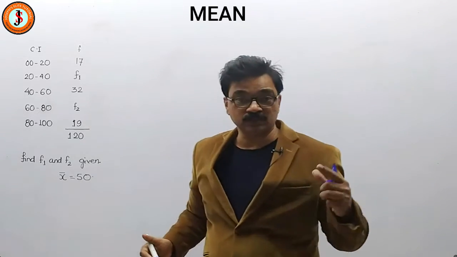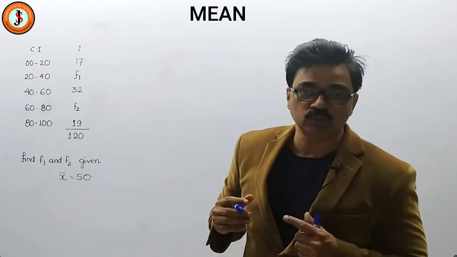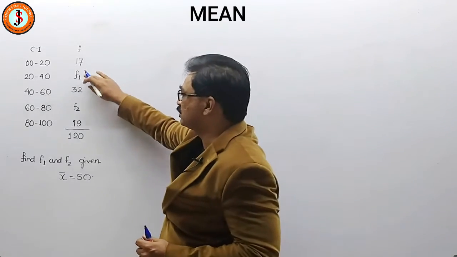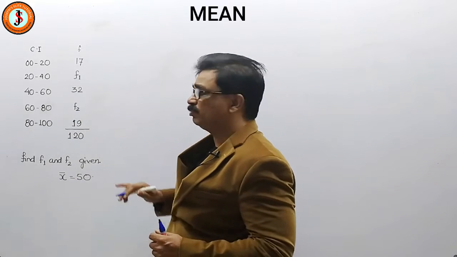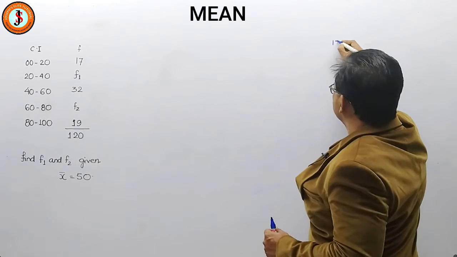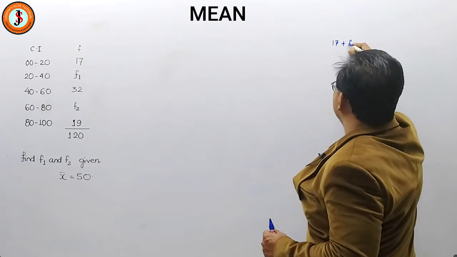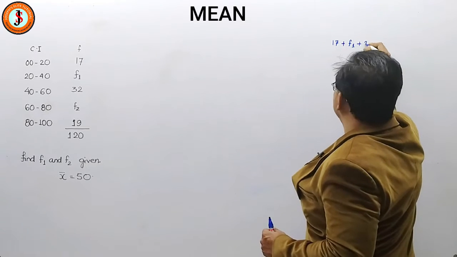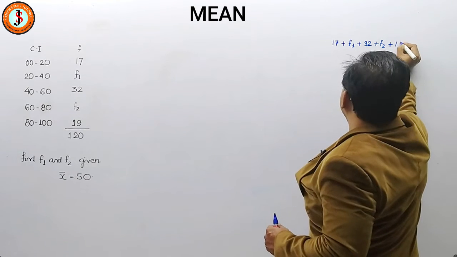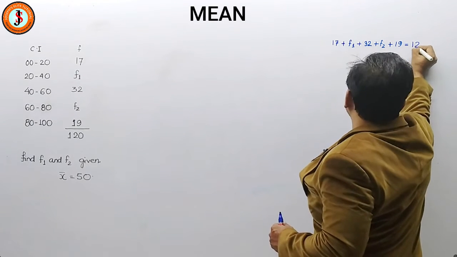Since there are two variables, right from the basics of algebra, we should know that we need two equations. One equation straight away we have: if we sum up all of these, that will be equal to 120. So 17 plus F1 plus 32 plus F2 plus 19 is equal to 120, isn't it?